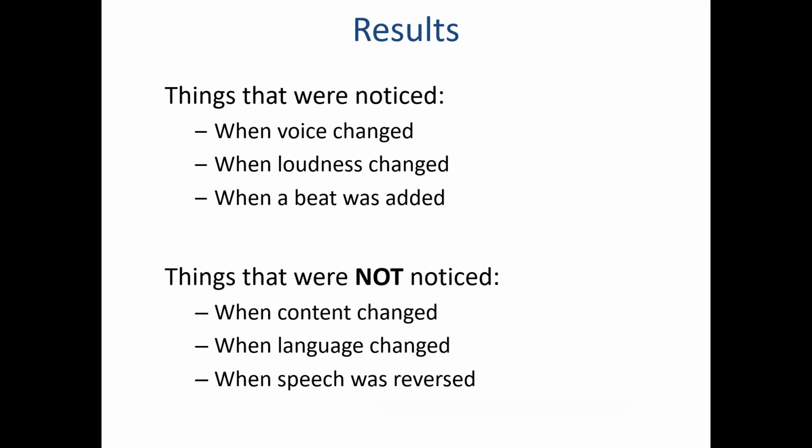But in the right side, when they were unattentive to that side, they were not able to notice when the content changed, what they were actually saying. They were not able to see and hear when the language changed, which is why I find that interesting, and when the speech was reversed completely.